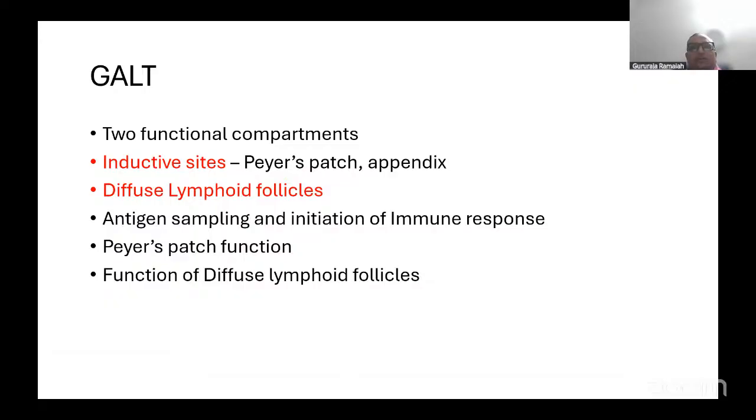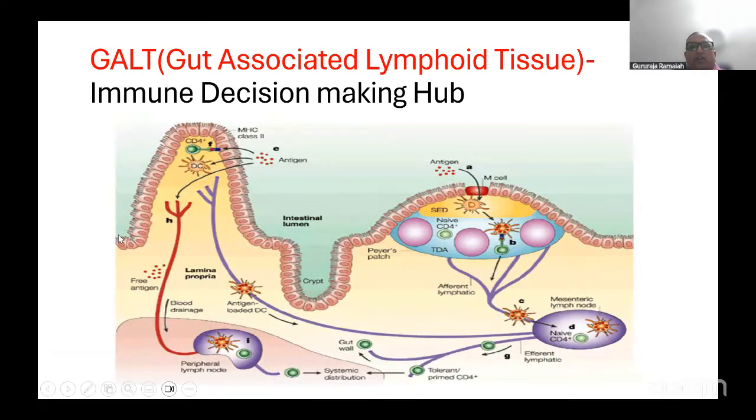Peyer's patches, as shown in the figure, are equipped with M cells, which help in the transfer of antigens to the dendritic cells and transport the luminal antigens to the subepithelial dome, a region rich in antigen-presenting cells, like the dendritic cells and macrophages. These antigen-presenting cells process the antigens and prime the adaptive immune response.